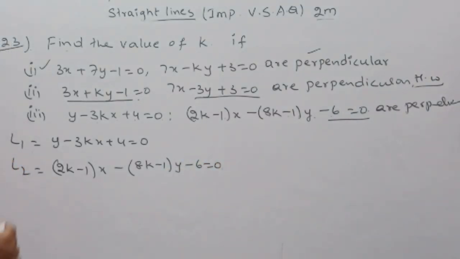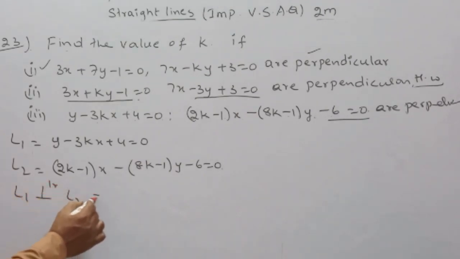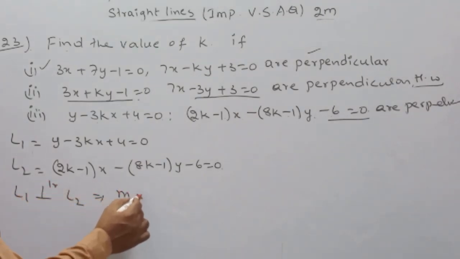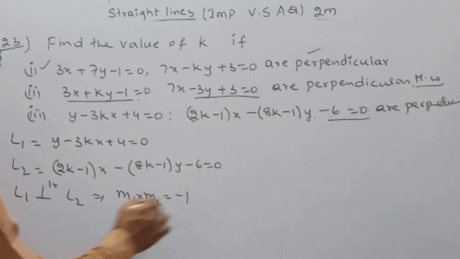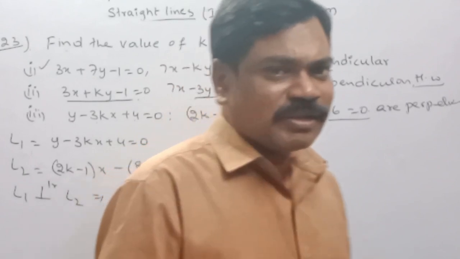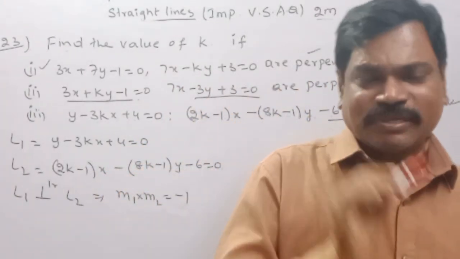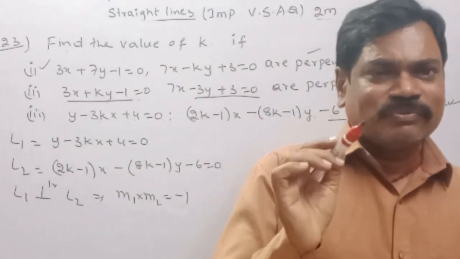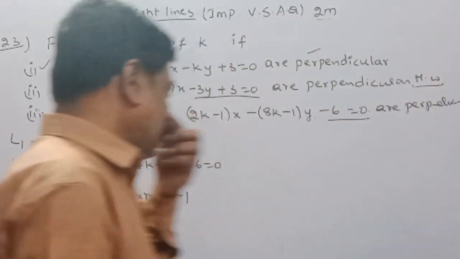Here L1 is perpendicular to L2, which implies m1 into m2 is equal to minus 1. Slope of L1 is m1 and slope of L2 is m2.